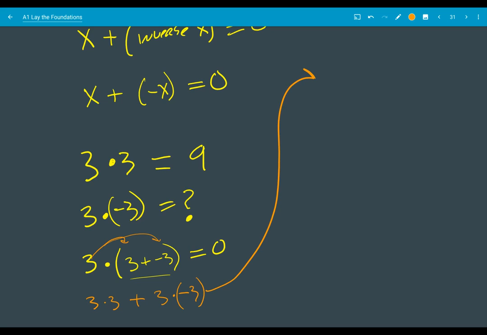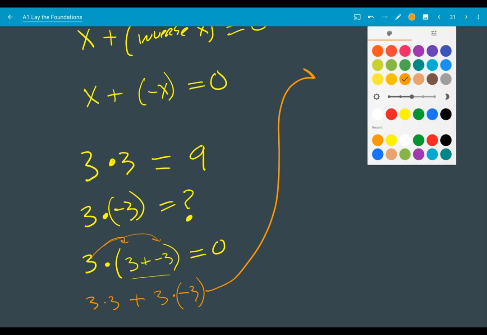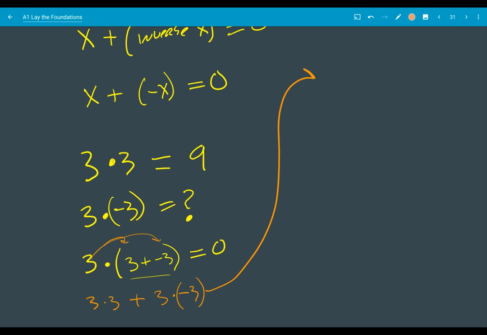Let's bring this up here and look at that. 3 times 3 we know is 9 plus, we don't know what 3 times negative 3 is yet, but we know that has to equal 0. Well, let's keep going. We can solve this. 3 times negative 3 equals negative 9.